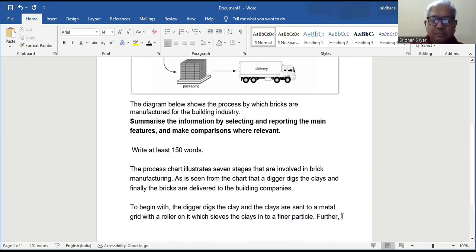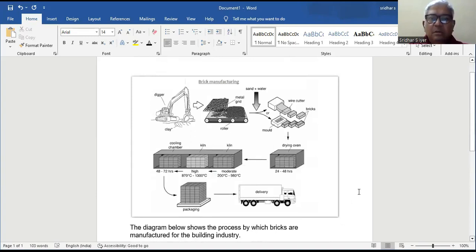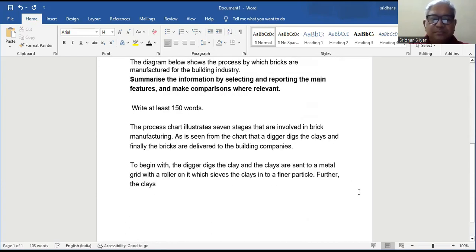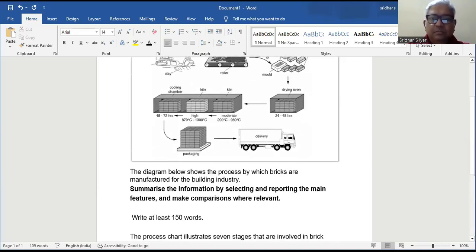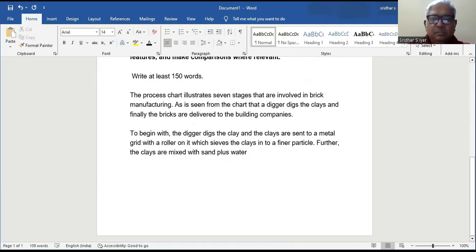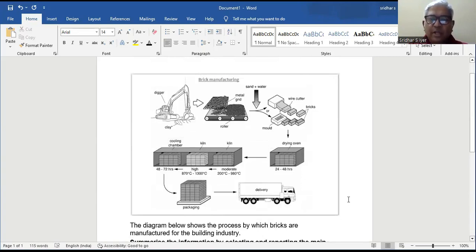Further, the clays are mixed with sand plus water, and are poured in a mold. Okay, so it's poured in a mold.